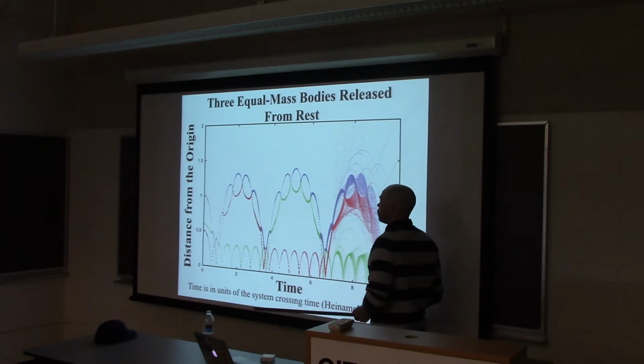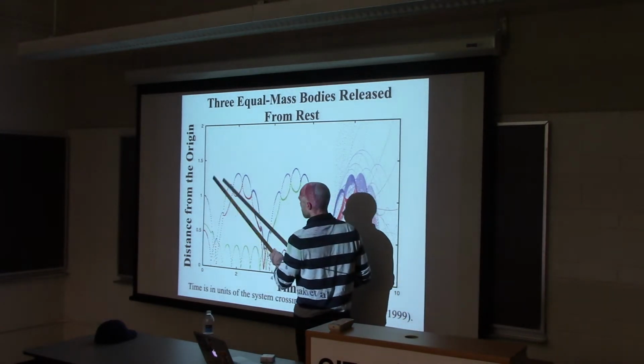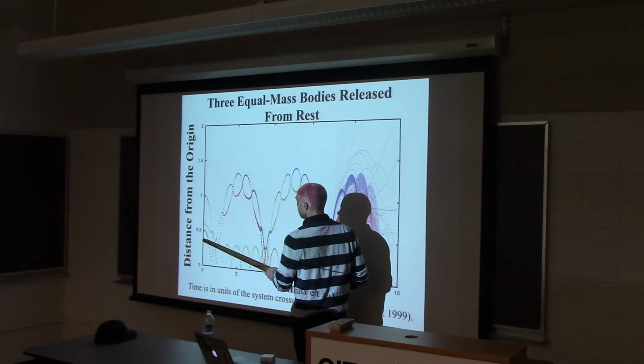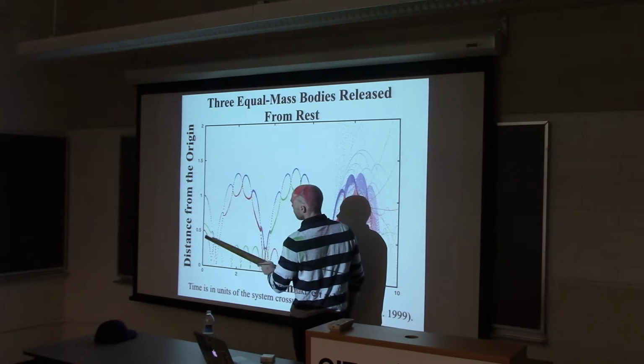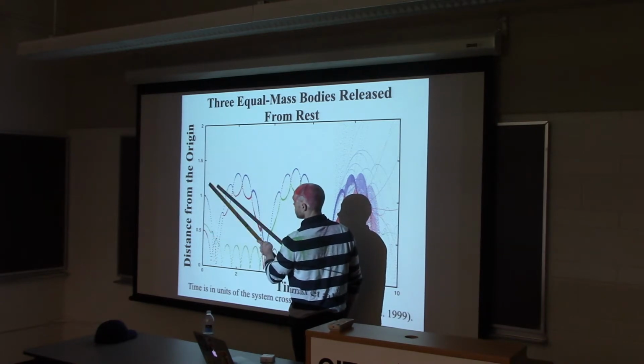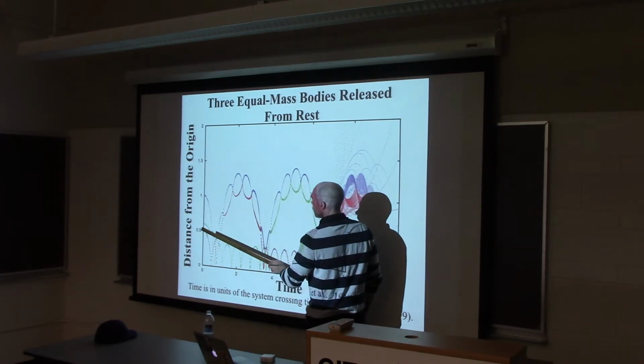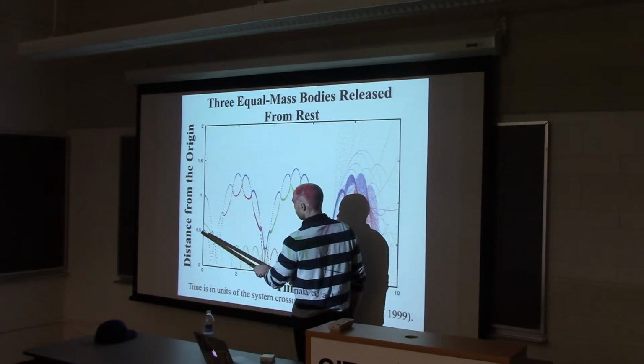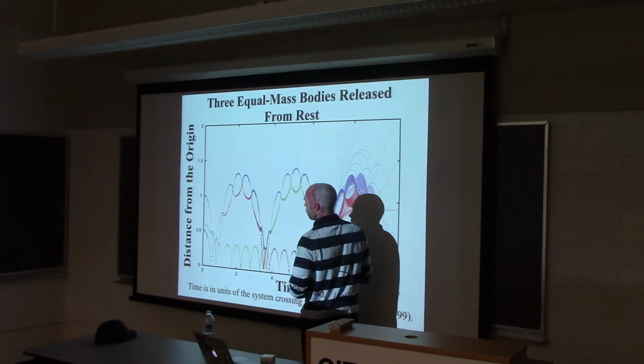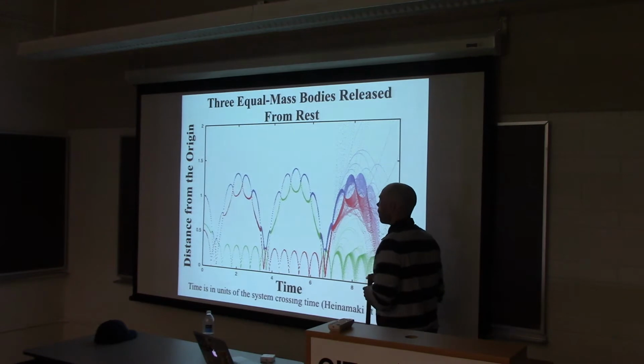What these authors do is perform many, many numerical scattering experiments for a fixed set of particle masses, initial energy, and angular momentum. Each time they perturb the initial conditions very slightly. What we find is that initially, for the first few crossing times, the particles follow their previous trajectories quite well.